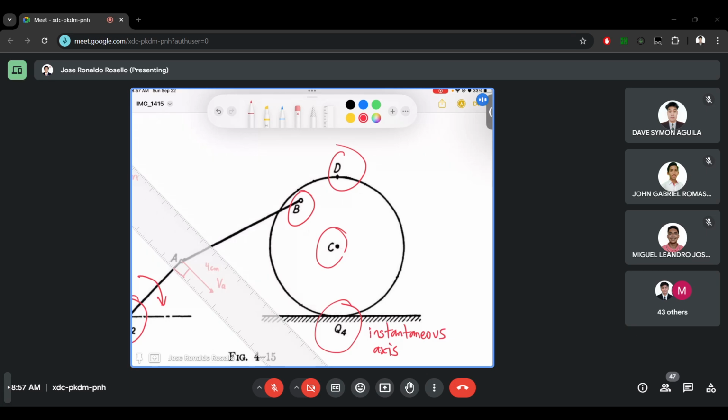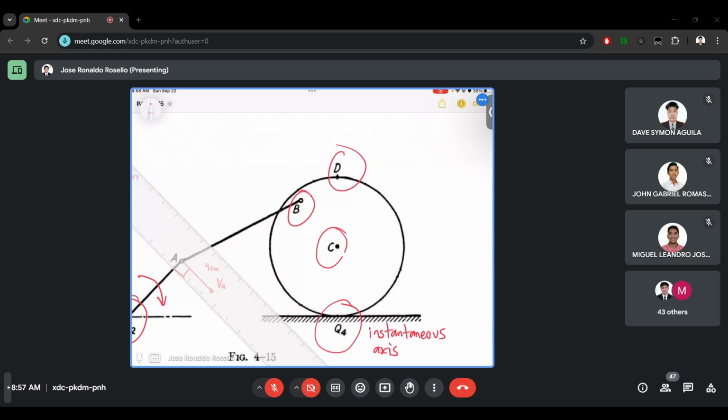Q4 now is our instantaneous axis for points B, C, and D. So we cannot use Q4 for point A because point A is not on the same link as points B, C, and D. So this information is crucial for us to know the directions of the velocities B, C, and D.